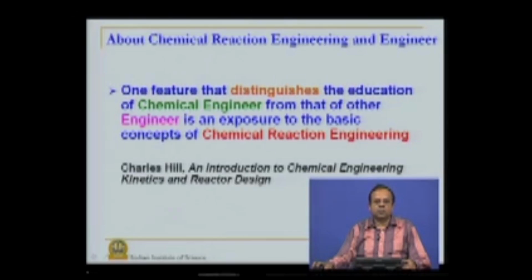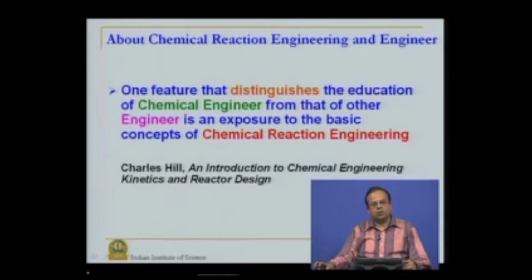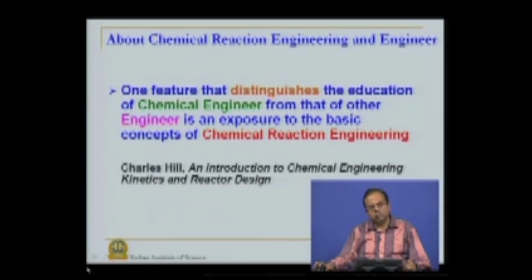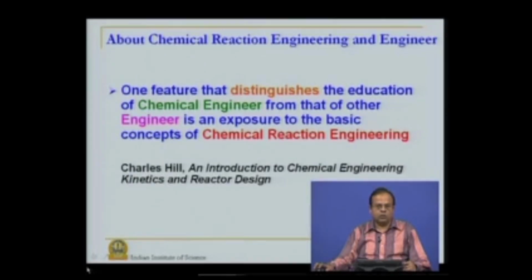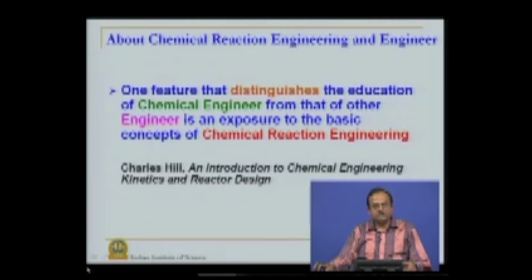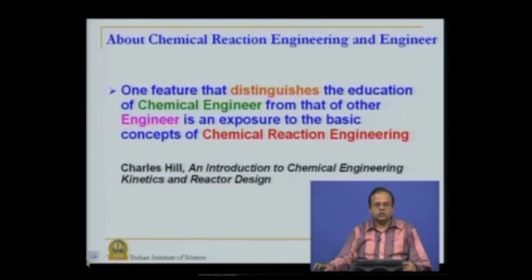You would have done several courses such as mass transfer, momentum transfer, heat transfer, which your friend in mechanical or aerospace engineering would have also done. But reaction engineering is one course which uniquely characterizes a chemical engineer. So, this is one course that other engineering disciplines normally do not do.